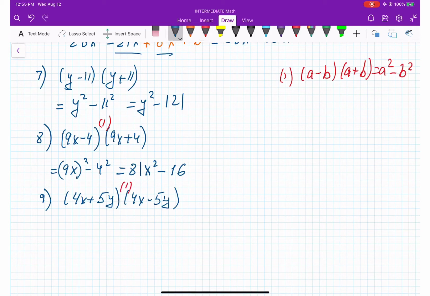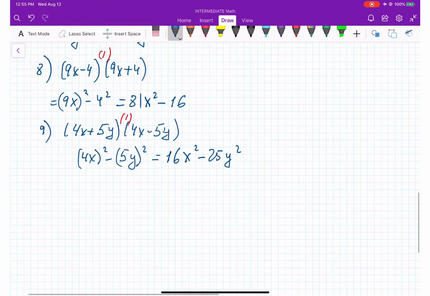So, which is going to be 4x squared minus 5y squared. So 4x squared, 4 squared is 16. x to power 2, it's going to be x squared. Minus 5 squared, it's going to be 25. y to power 2, y squared.